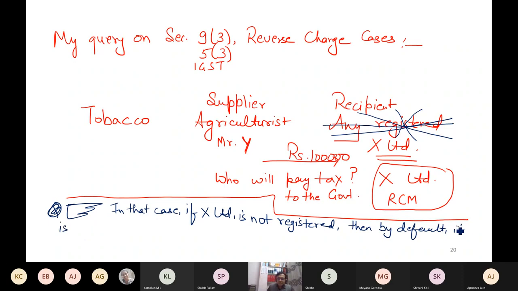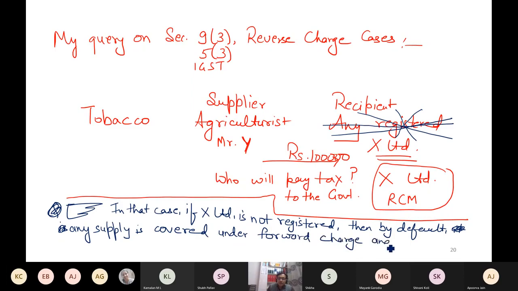Rather than that, I should use the words any supply under forward charge. And if it is covered under forward charge, who will pay the tax? Mr. Y is liable to pay the tax. Don't say it is exempt.